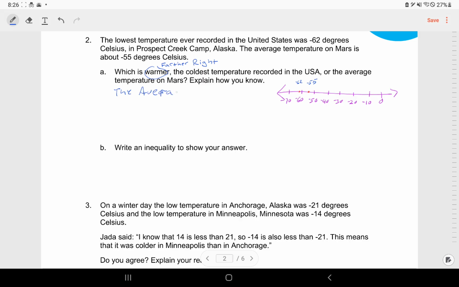The average temp on Mars is warmer because, now, B/C means because, that's the abbreviation for because.